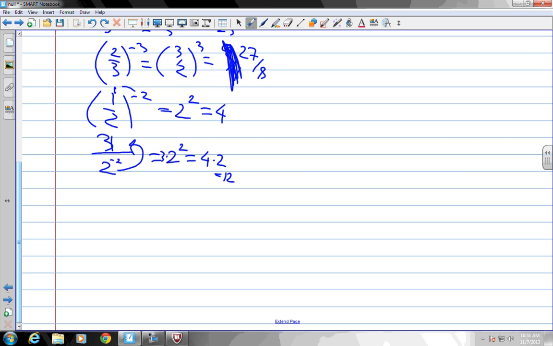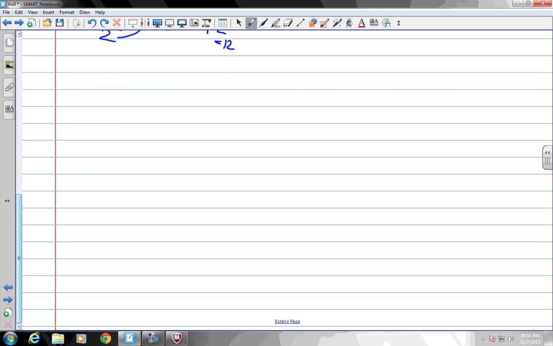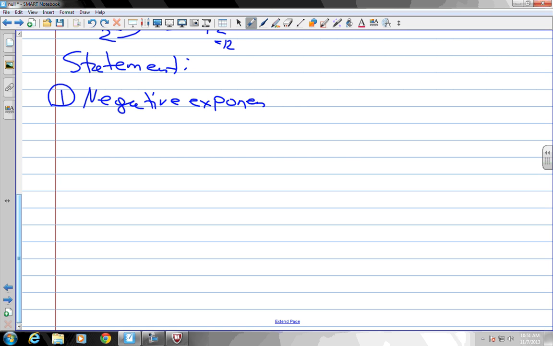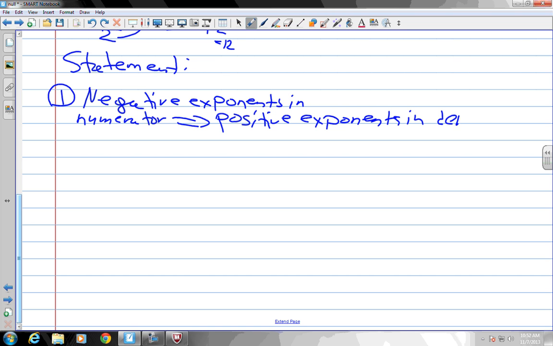Yeah. So we can actually say this. I'm going to make a statement. Negative exponents in the numerator give me positive exponents in the denominator.